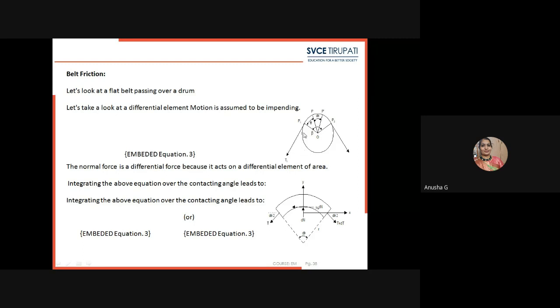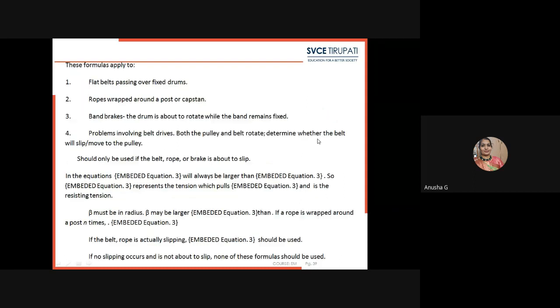The normal force is different because of the differential elements of area. Integrating over the contact angle, different methods and different formulas will be observed for flat belts passing over a drum, and for ropes wrapped around a post or capstan.